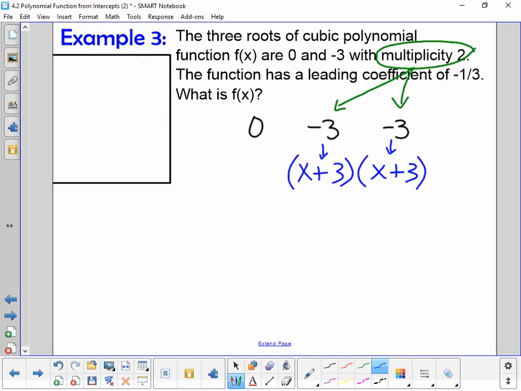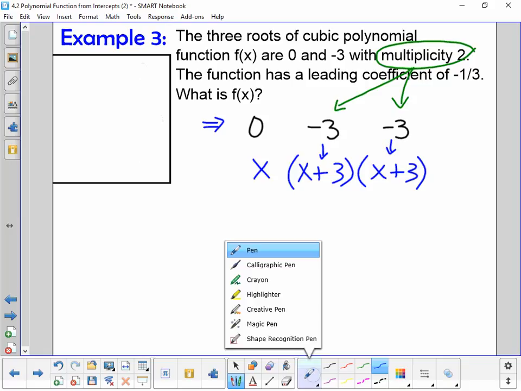And for the root 0, the factor that goes with that is just x. These numbers are essentially answering the question, when will the factor equal 0? So if we want a factor to equal 0, the factor is just x. So here are our 3 factors of the function.